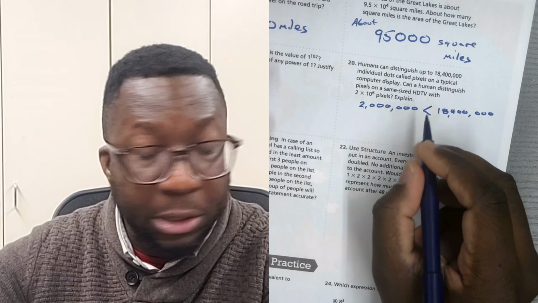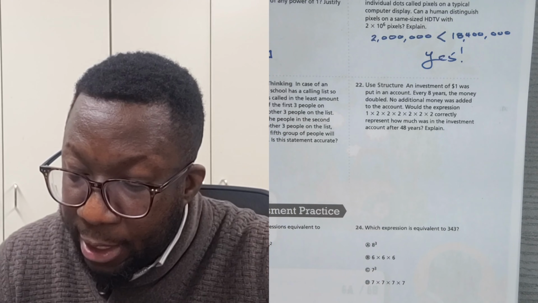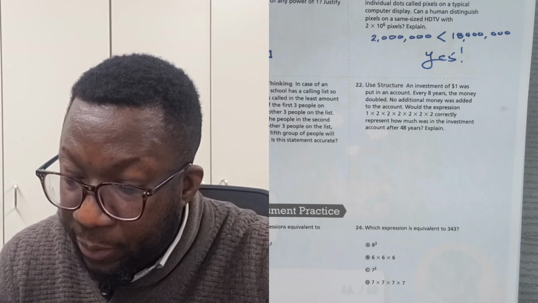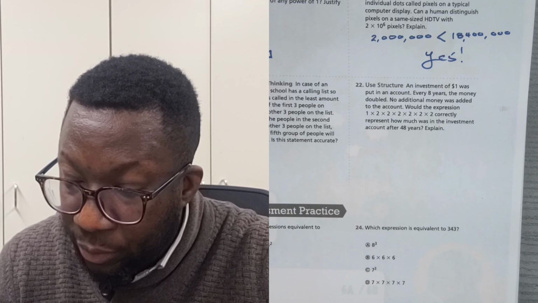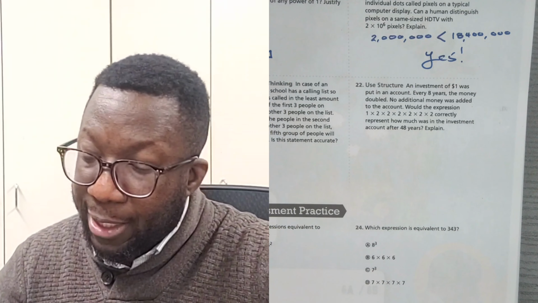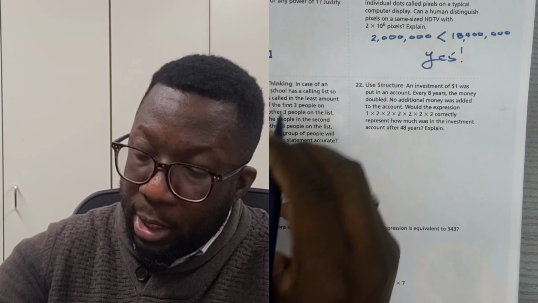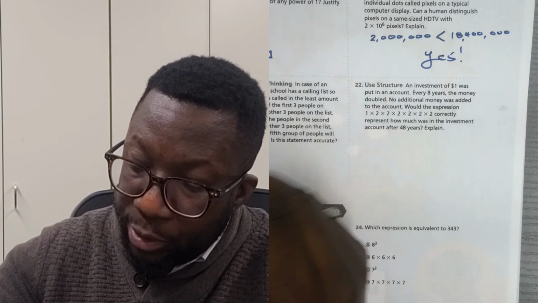For question number 21, in case of an emergency, the school has a calling list so that everyone is called in the least amount of time. Each of the first 3 people on the list calls another 3 people on the list, and each of those people in the second group calls another 3 people on the list, and so on. The 5th group of people will have called 243 calls. Is this statement accurate? Explain. Well, as we just saw, we call those 3 people.